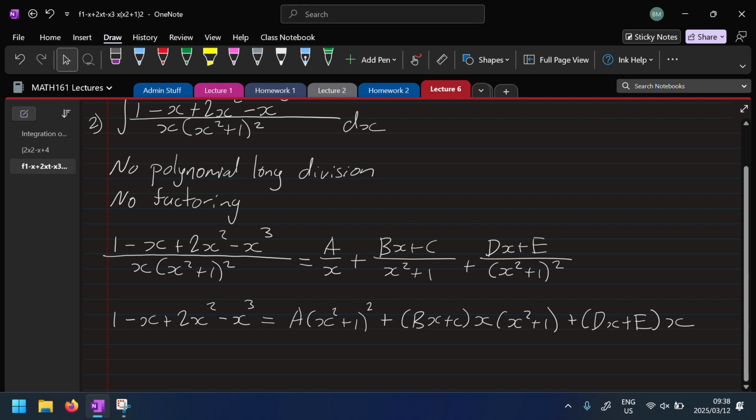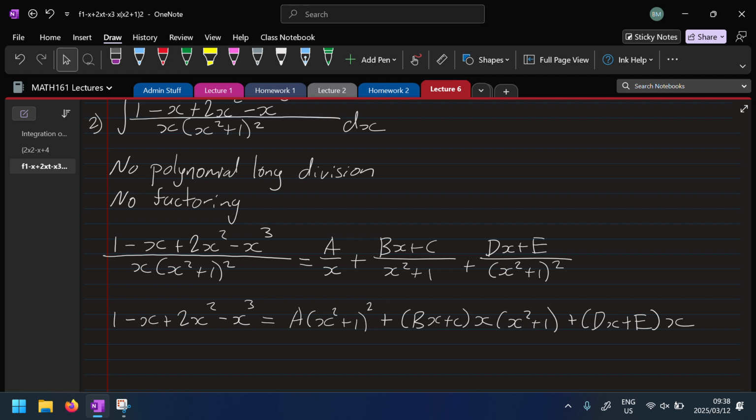Okay, and now we have this equation to solve for a, b, c, d, and e. Now there's a number of ways you can do this, so let's go through them. The first way is by inspection. Can we do this by inspection? No, it's a bit complicated, so that's not going to work out. The next thing we could do is multiply everything out.